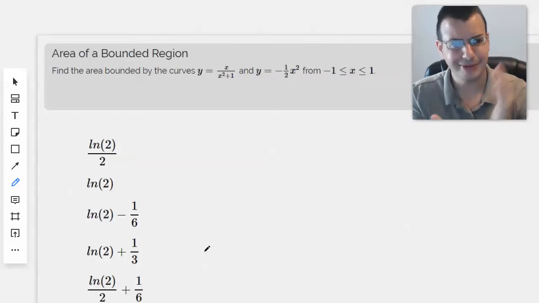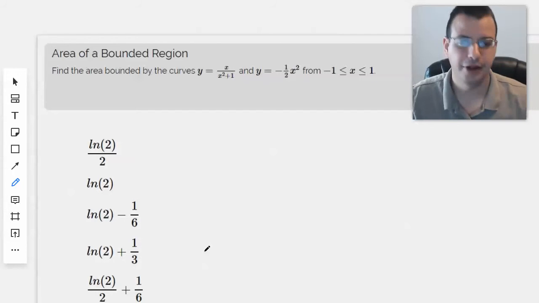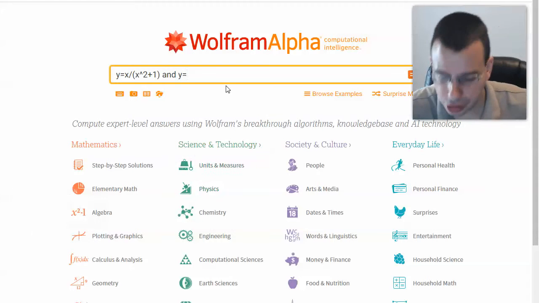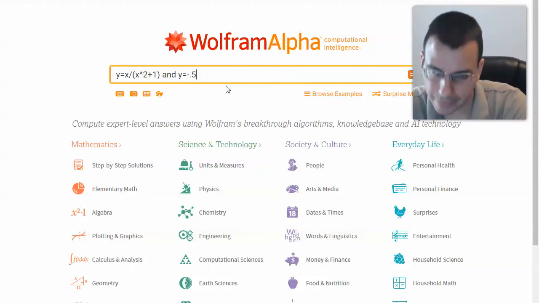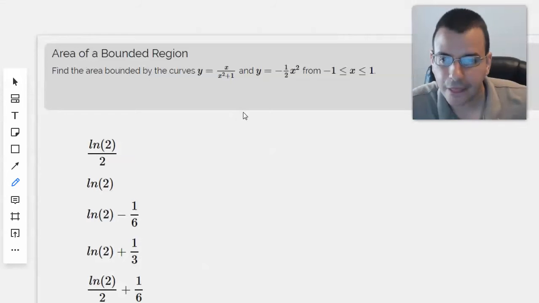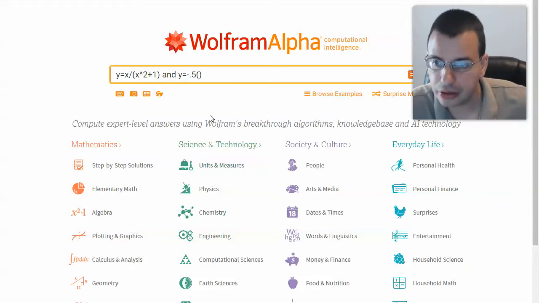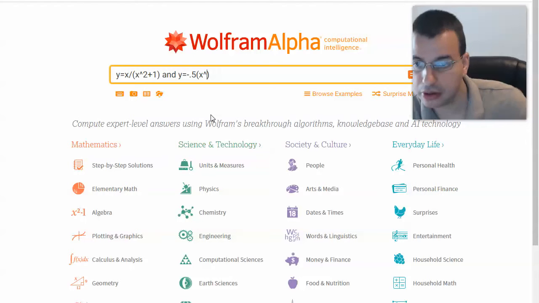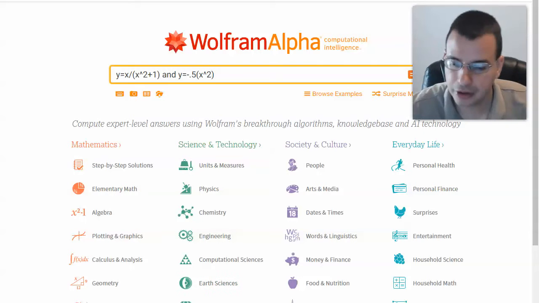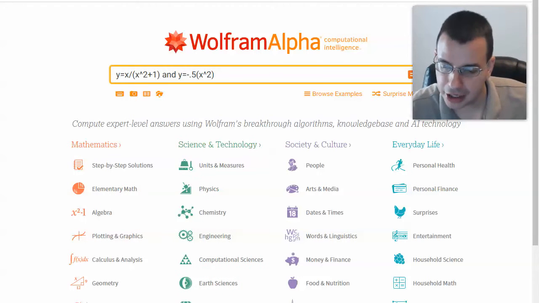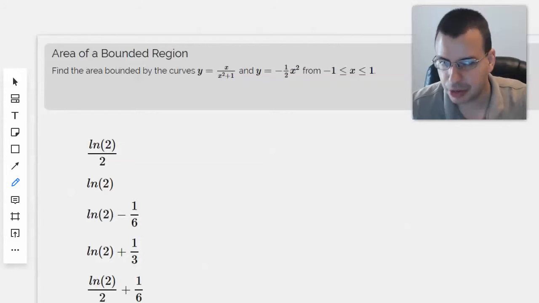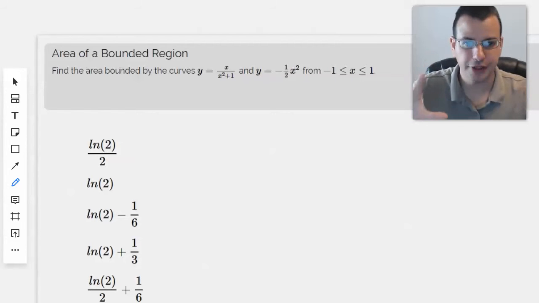For this one though, I look at this, I'm like, yep, no idea. This is probably a harder problem than you would normally get for an AP exam, but it would be maybe the sort of thing you'd get during a free response or some sort of variation of this.